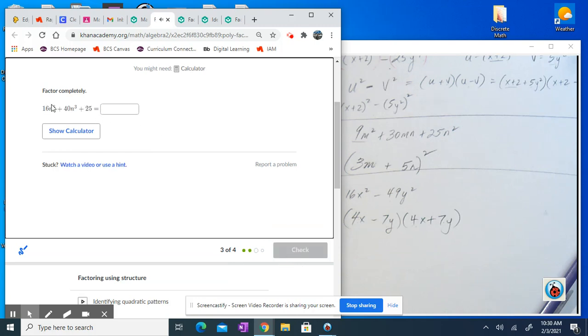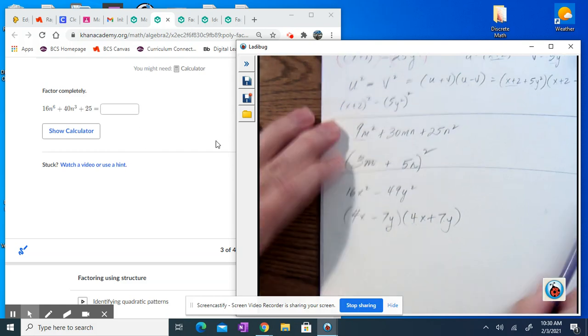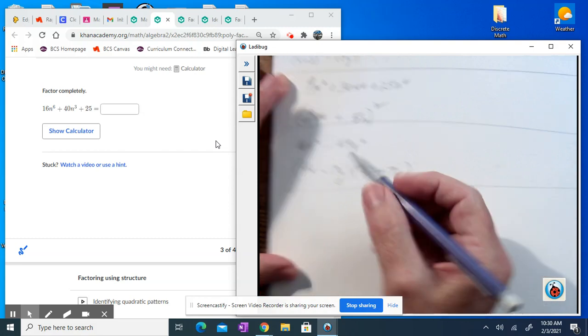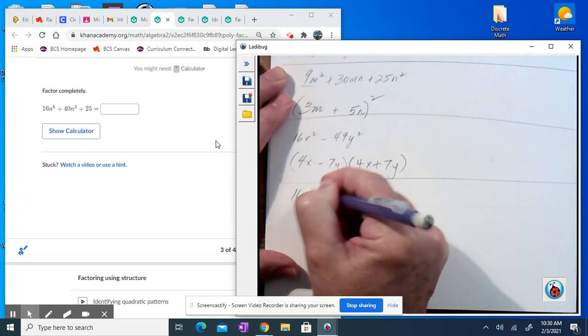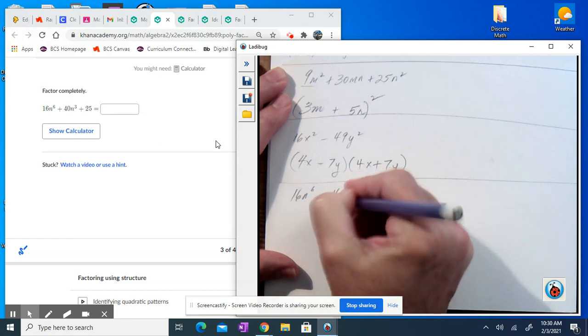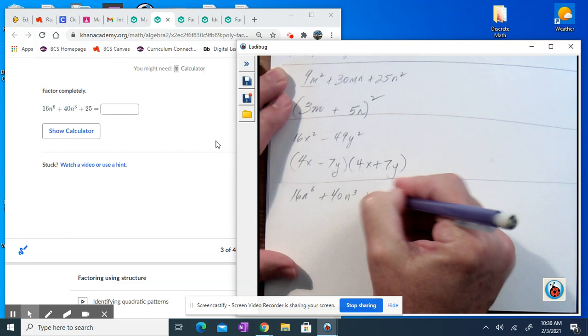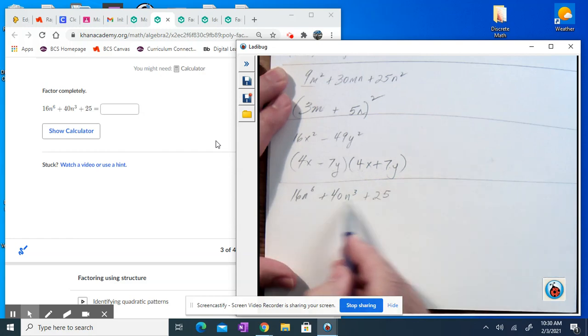And again, I'll do this one last one. Okay, that looks like a perfect square trinomial. So we have 16n to the sixth, plus 40n to the third, plus 25. I don't see any common factors.